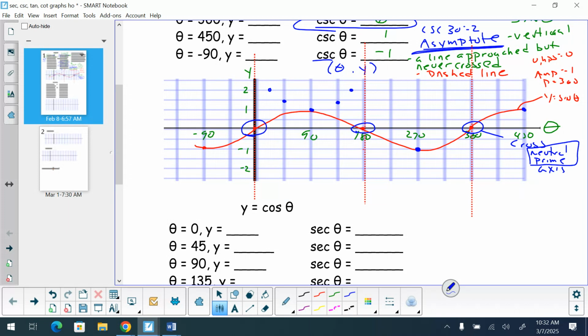We will approach this line over here, but we will never cross it. We will approach this line over here, but we will never cross it. I will call these asymptotic parabolas. From this peak here, we have an asymptotic parabola going upwards.